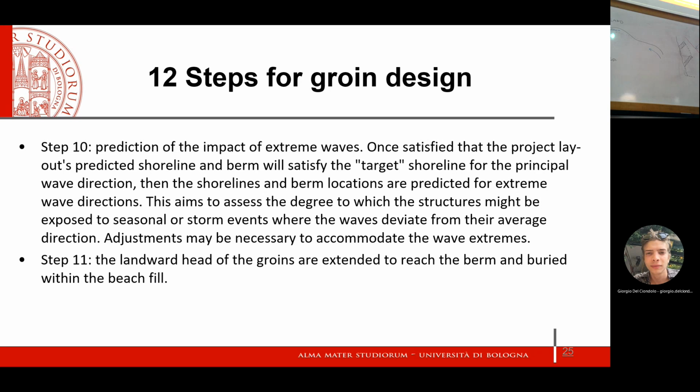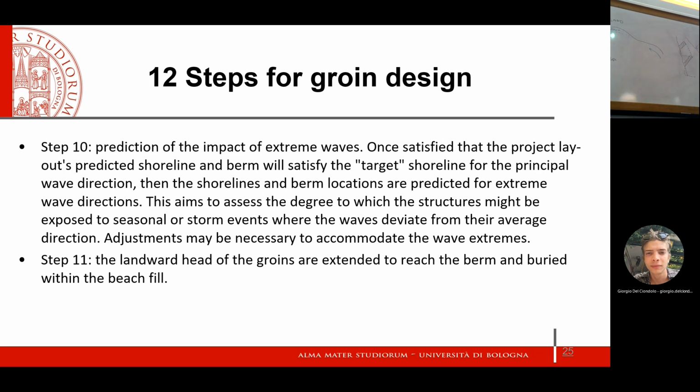Usually they are put in the landward direction. They are extended up to reach the current dune, if it exists, or the current berm. Of course, you have to avoid a really damaging situation, originating a negative effect, that the groin is bypassed landward.